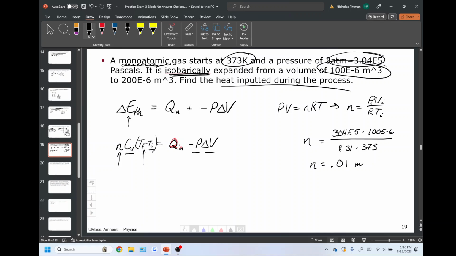I'm going to round to 0.01 moles. Okay, so I actually know that. So N is good now. And all I need is T final. Let's see if I can apply the ideal gas law to the end now. I don't know T final.